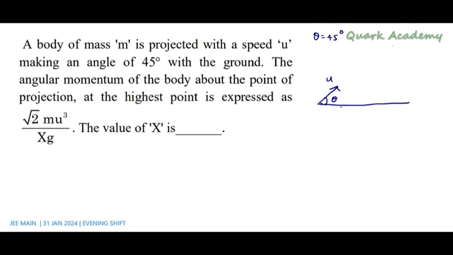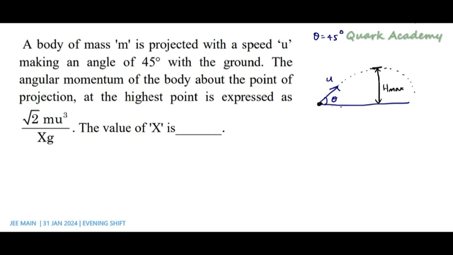The object will exhibit projectile motion, and we need to find the angular momentum of the object with respect to the point at which it is projected, and also exactly at the point where it is at the highest point. So let's consider this height as h max.